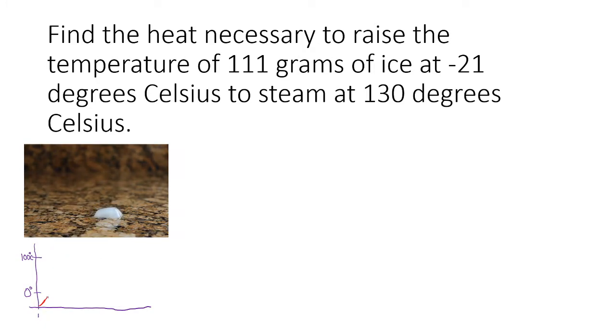With ice, it's very steep in the change of temperature from ice to 0 degrees. And then you have this plateau where it melts. This is ice. And then your slope goes down just a little bit for water. So there's a different specific heat for water.